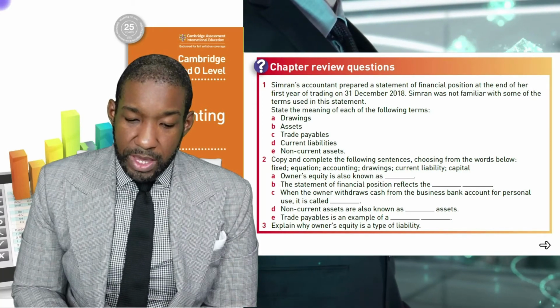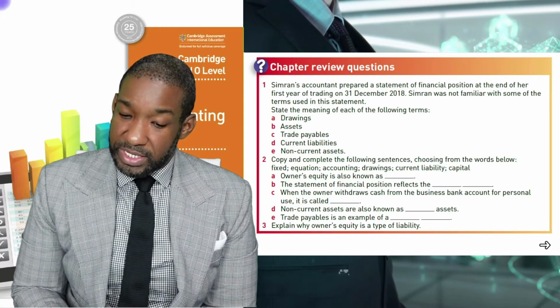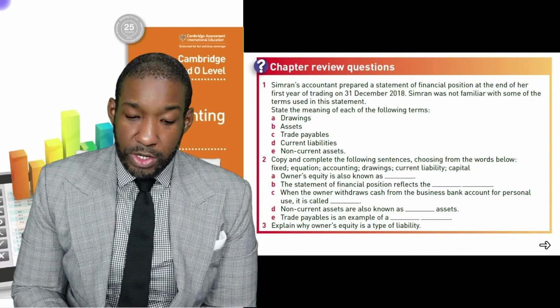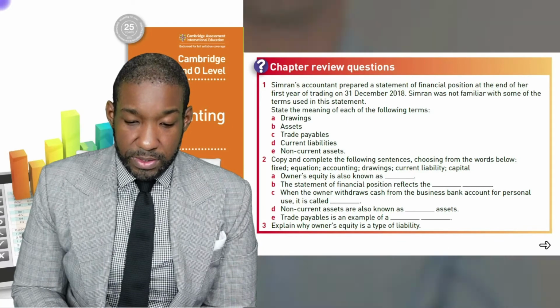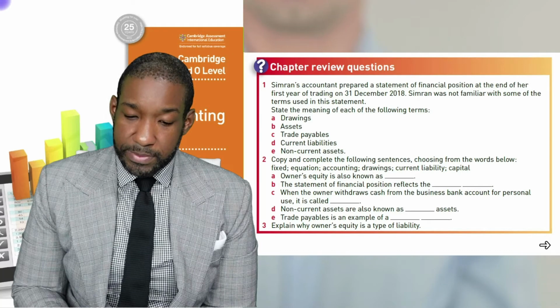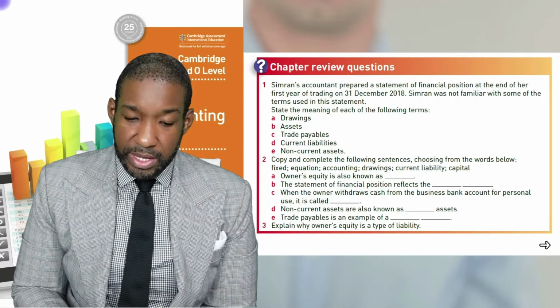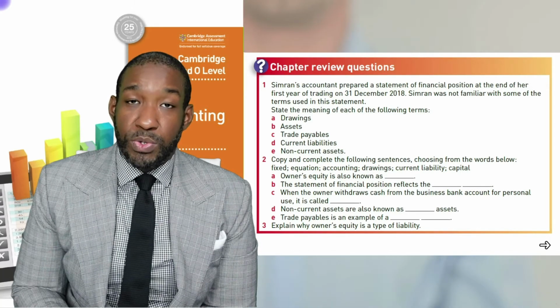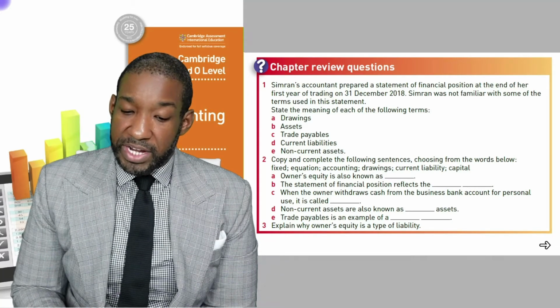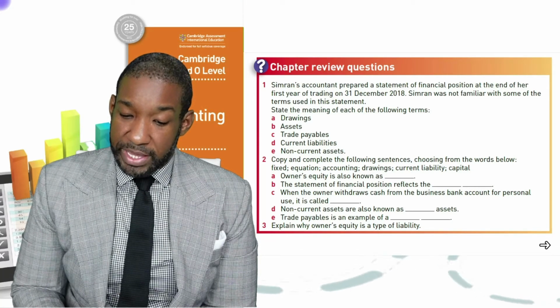Number 2. Copy and complete the following sentences, choosing from the words below. Fixed, equation, accounting, drawings, current liability, capital. A. Owner's equity is also known as blank. B. The statement of financial position reflects the blank blank.